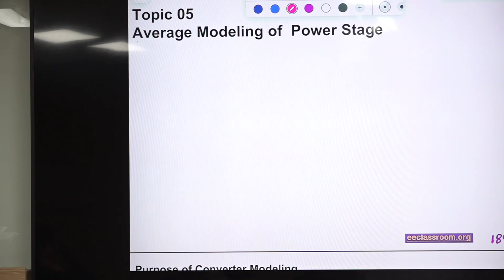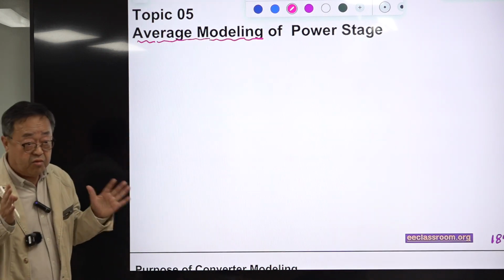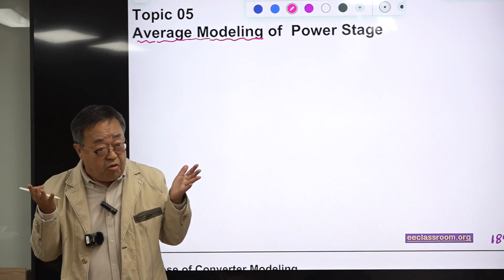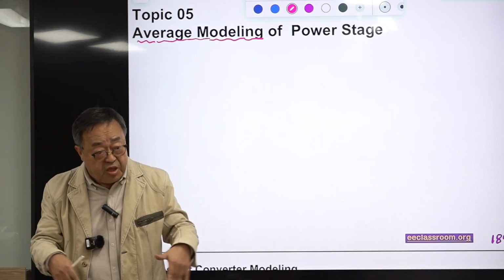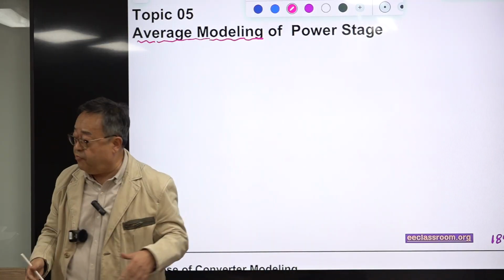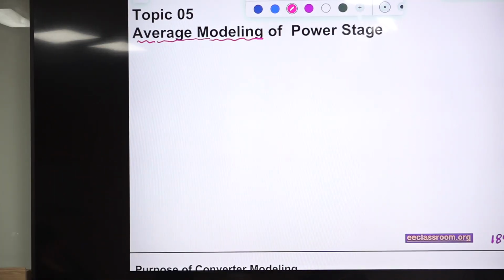So there are 2 steps of the modeling. One is average modeling, to derive the circuit model, the structure of the circuit, which predicts the average time domain dynamics. And later on, linearization is coming up.